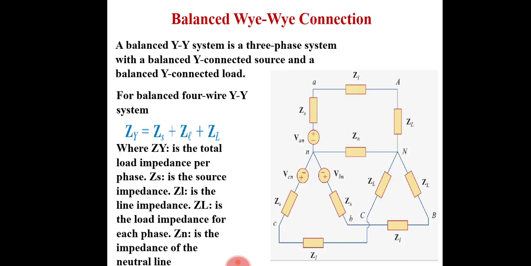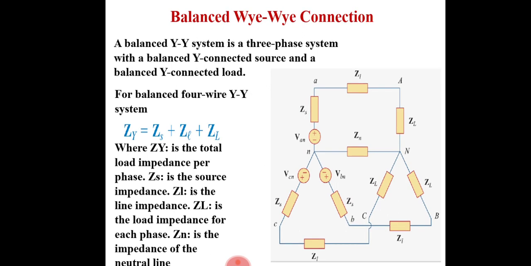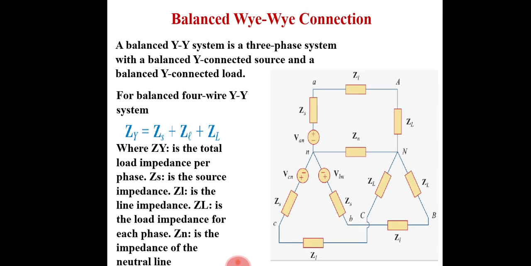Now take the first option, star-star connection. A balanced star system is a three-phase system with a balanced star connected source and a balanced star connected load. For a balanced 4-wire star system, Zy = Zs + Zl + ZL.